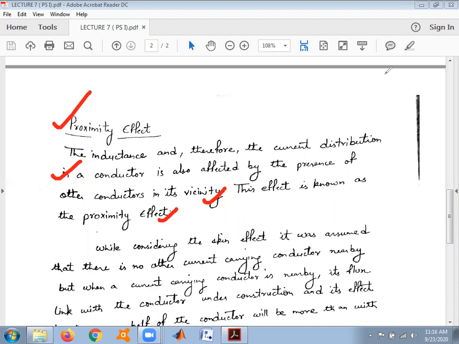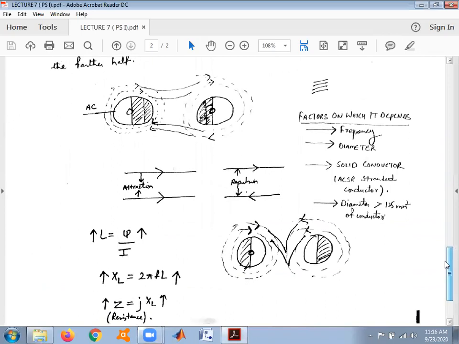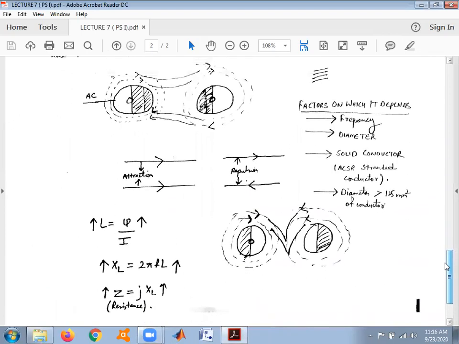With the help of two diagrams, we are going to understand what proximity effect really is. These two diagrams will clearly explain it. Let us look at this diagram. This is conductor A and this is conductor B. Current is flowing in the inward direction.